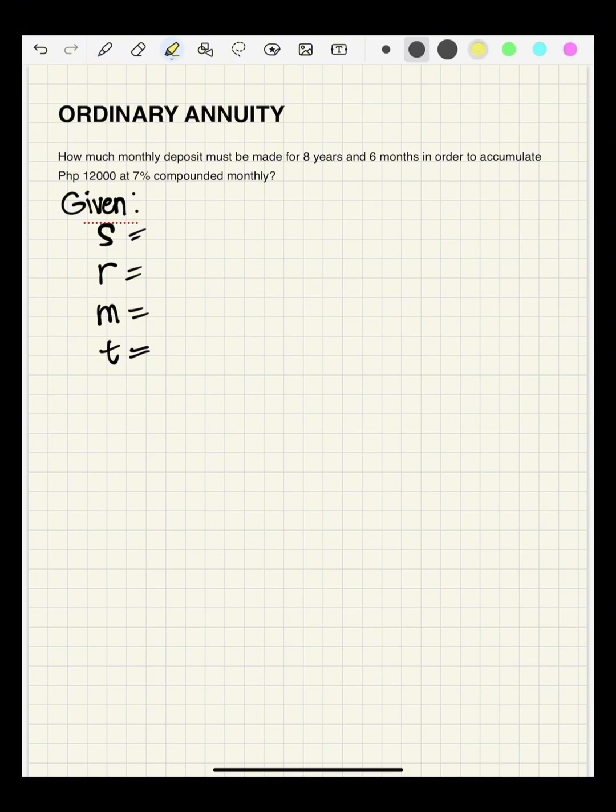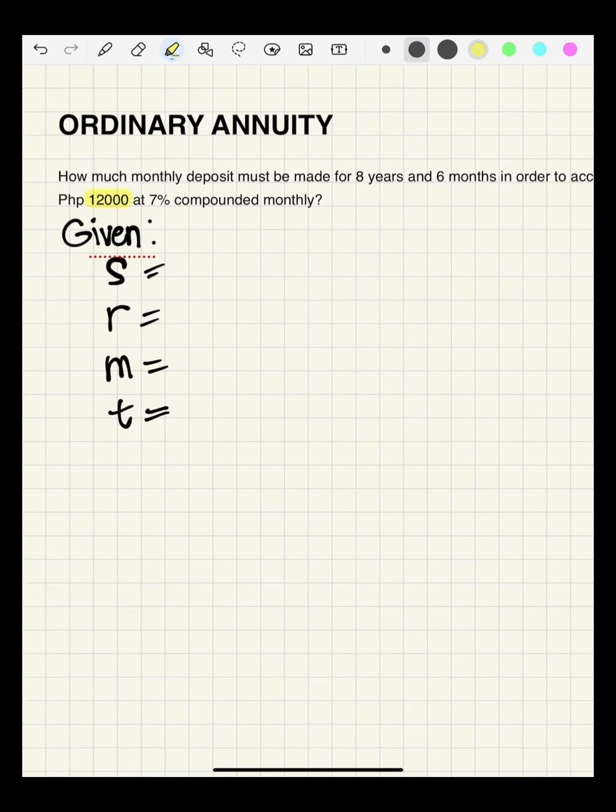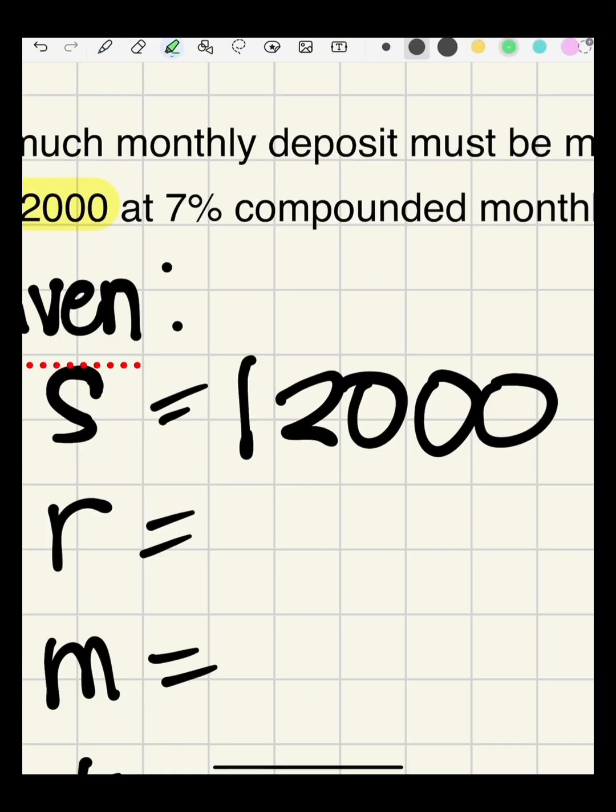And now our present value is 12,000. And the rate is 7%.